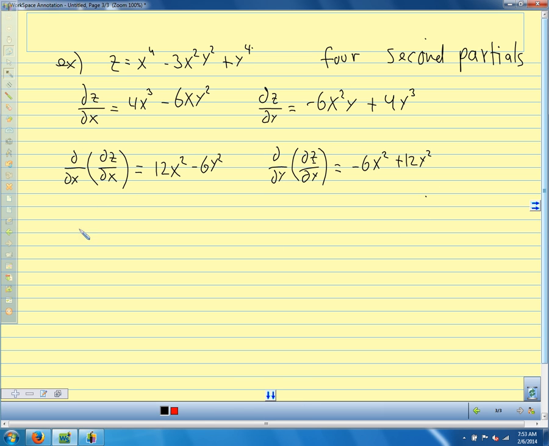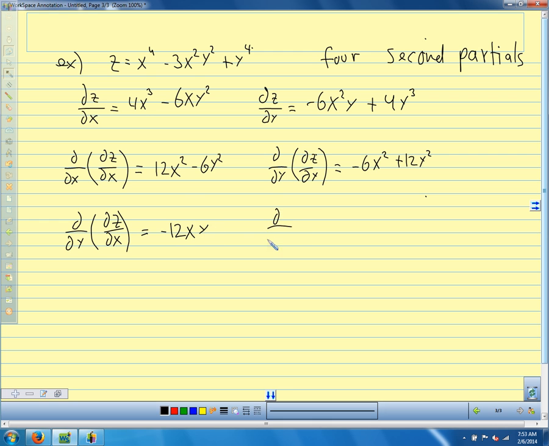And then we'll take the partial, our mixed partials. Oh, are you thinking of the one on top? Yes, the one on top. Yeah, so I'm just going to do them in columns here. So I'm doing the partial with respect to y of this thing. All right, and then the partial with respect to y of dz dx. Partial with respect to y of this thing, and I get minus 12xy.